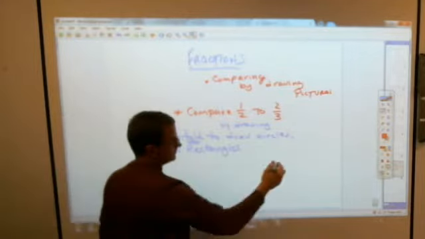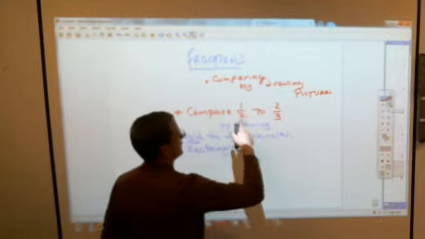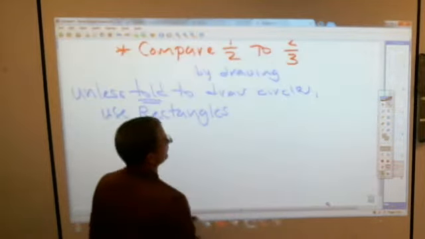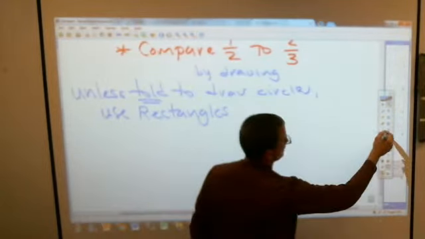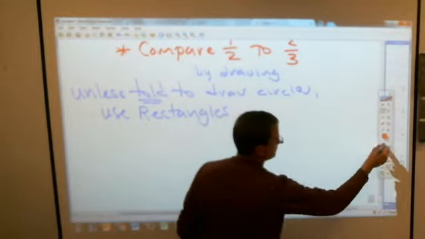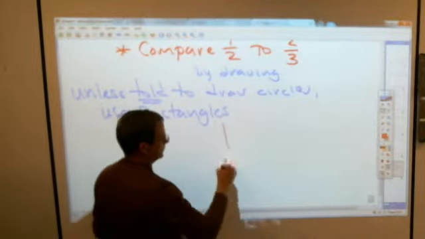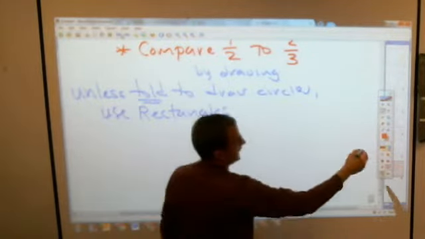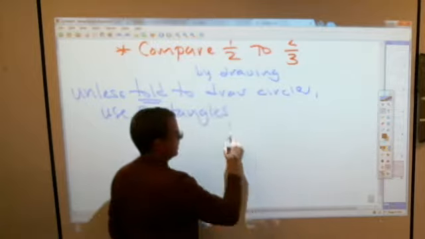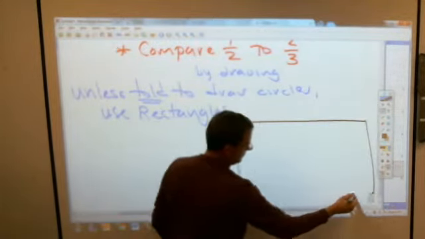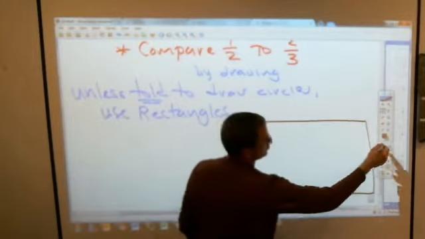For example, let's look at 1/2 compared to 2/3. I'm going to make this a little bigger. On your paper, correct me if I'm wrong, let's say this was problem number 1. I'm going to recreate your little sheet.